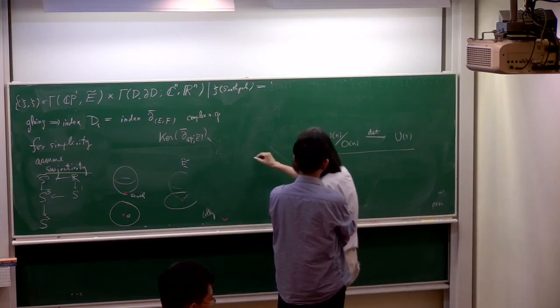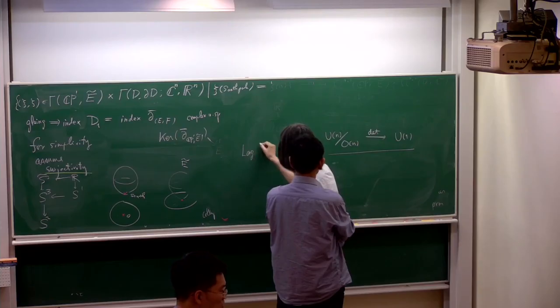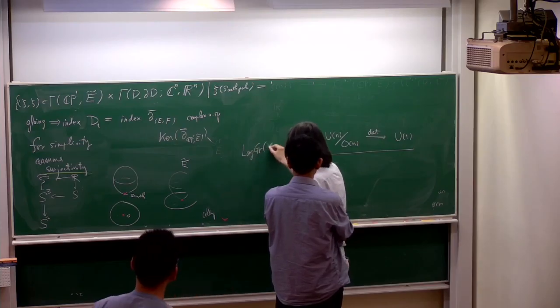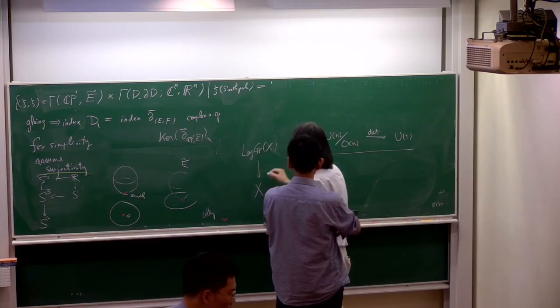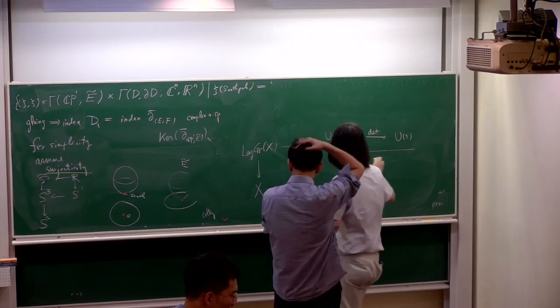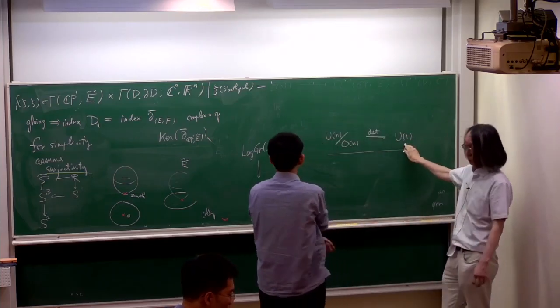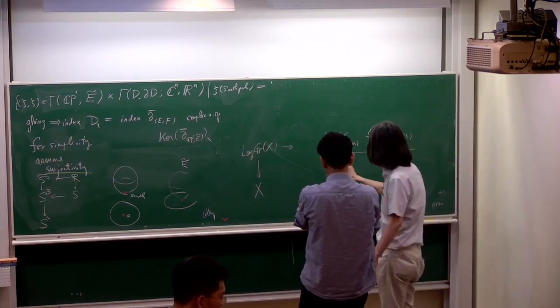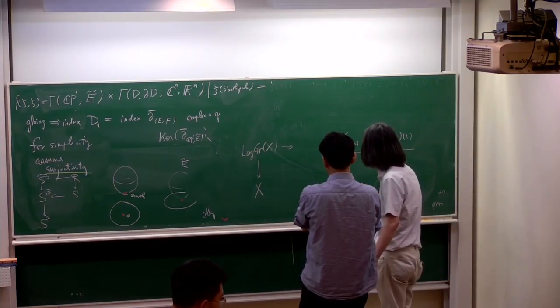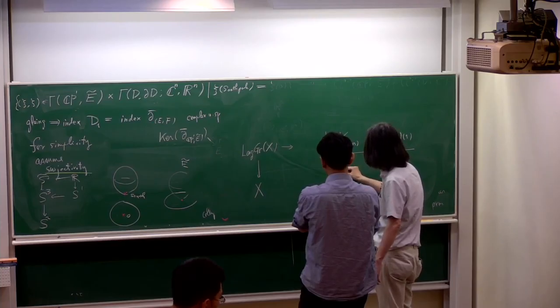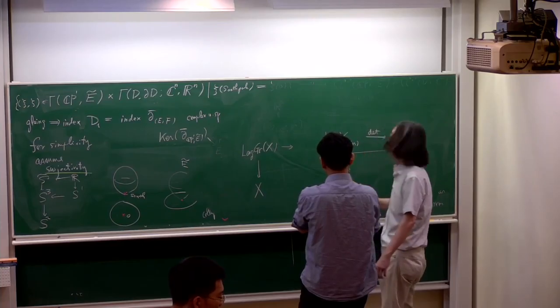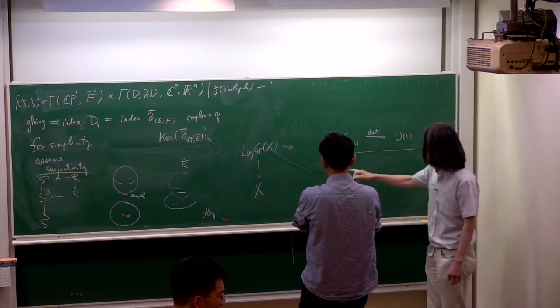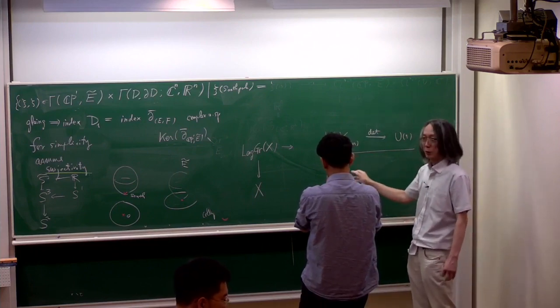And so you have this Lagrangian Grassmannian here with this X. Maybe we can also consider a certain circle bundle over here. I have P of X, and this is actually a unitary group, because the symplectic group has a maximal compact subgroup here.